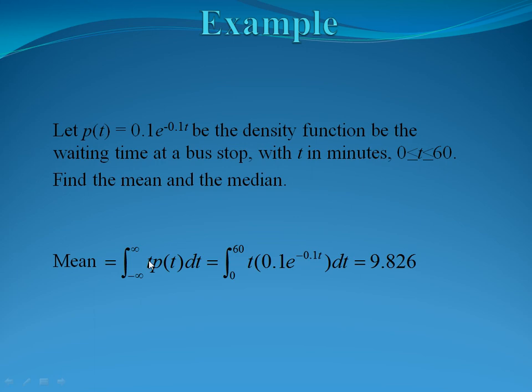For the mean, we plug in the bounds for which our variable is defined, so 0 to 60. Then we take our PDF, 0.1 e to the negative 0.1t, and multiply it by our variable t. Once we have it all set up, we'll plug that right into our calculator, and we'll get a mean waiting time of 9.826 minutes.